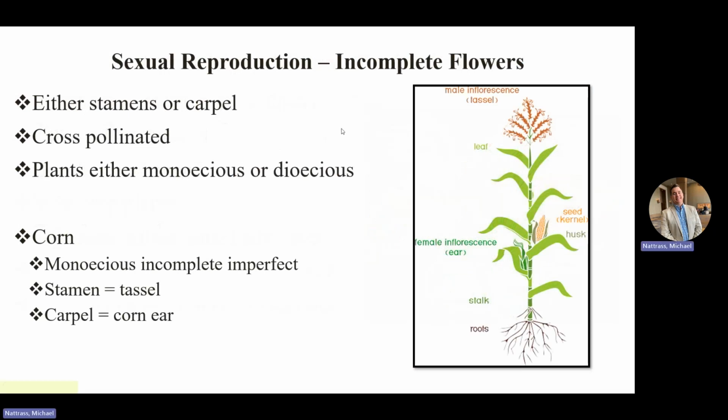Next, we have incomplete flowers. They have either the stamen or the carpel, and they are often cross-pollinated. And these plants can be either monoecious or dioecious. Now, it is possible to be monoecious and complete, which would then make it perfect. It is possible to be monoecious and perfect, but incomplete.